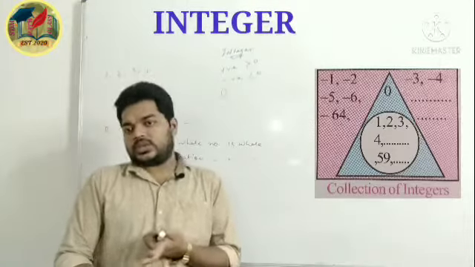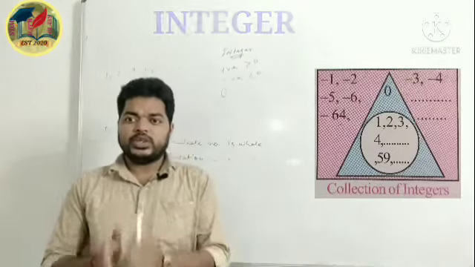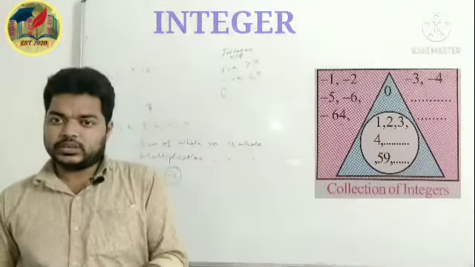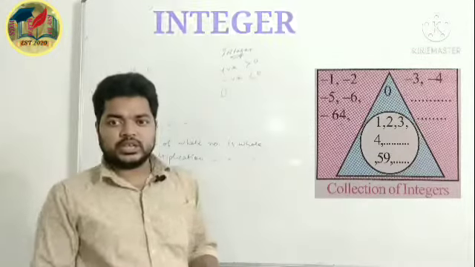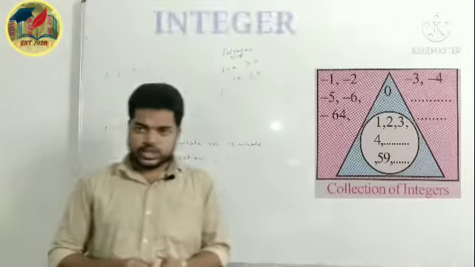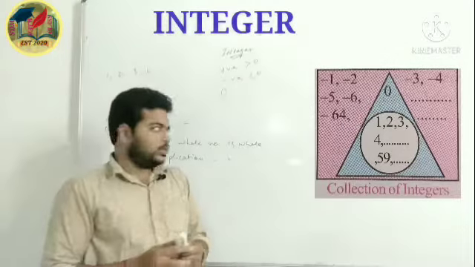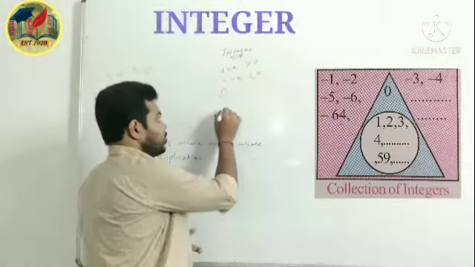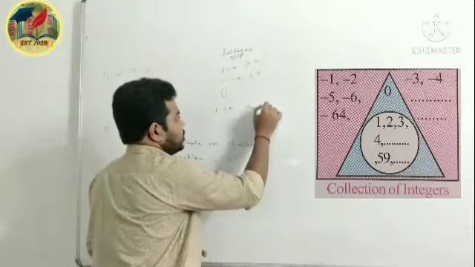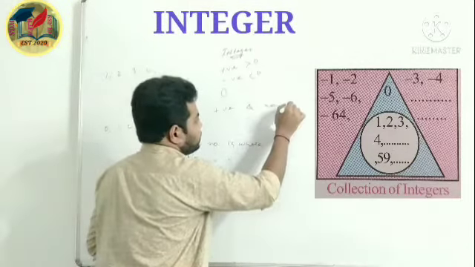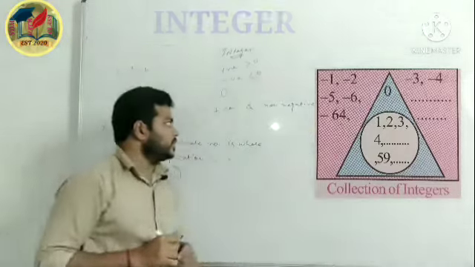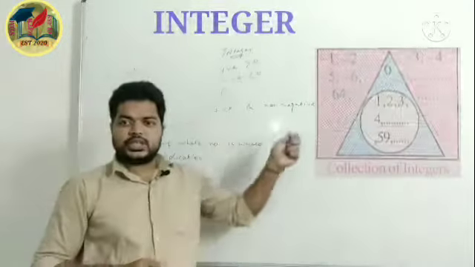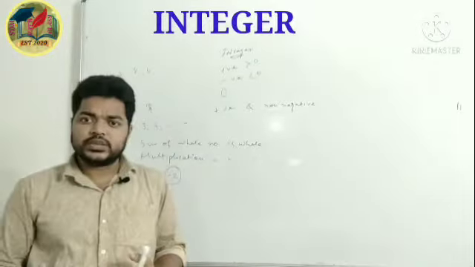So there is a difference between positive integers and non-negative integers. Some students think that positive means non-negative and non-negative means positive. These are not right. Clear? What is the difference?